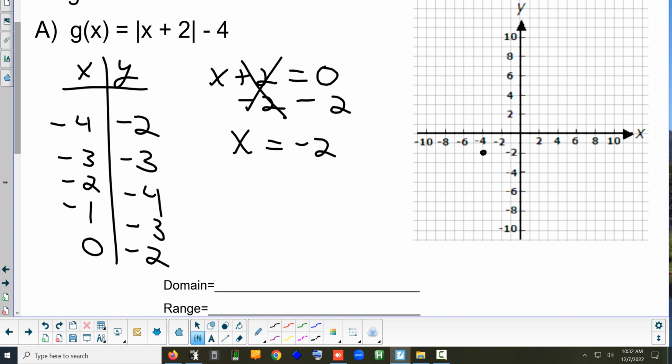Left 3, down 3. How about -2, -4? Left 2, down 4. Looking pretty good. -1, -3. How do I do that one? Left 1, down 3. And how about 0, -2?